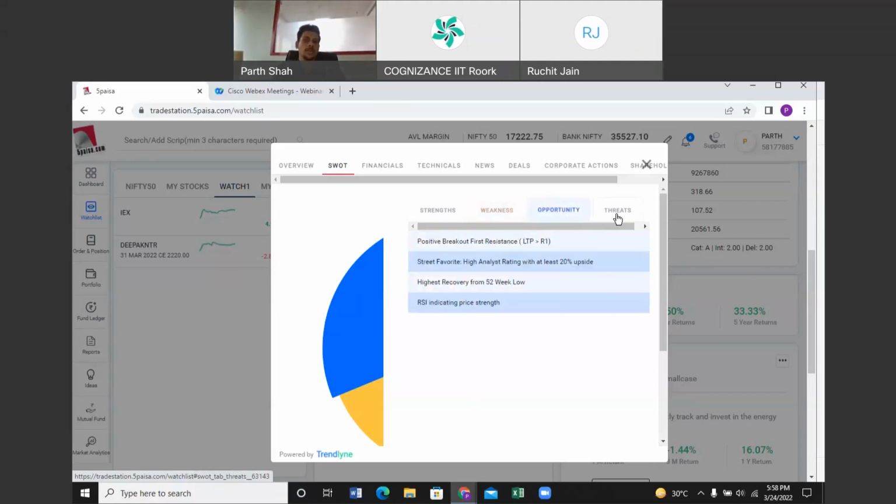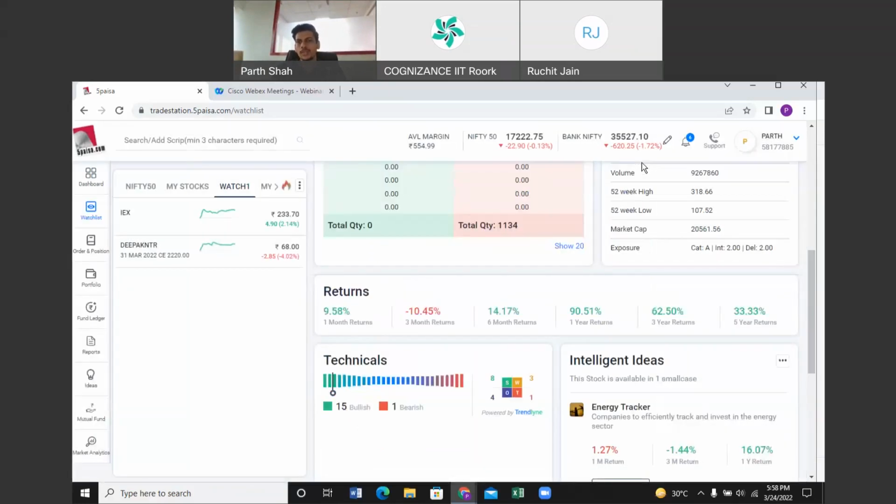Similarly, you can see the opportunities and threats. What are the upcoming opportunities for this particular company, and the threats. These are basically enough parameters to make a prima facie decision whether you want to invest in this particular stock or not.